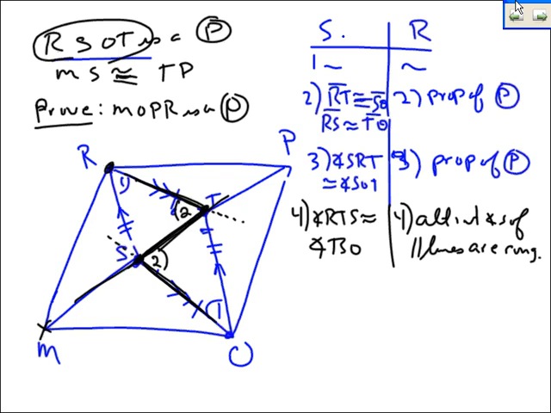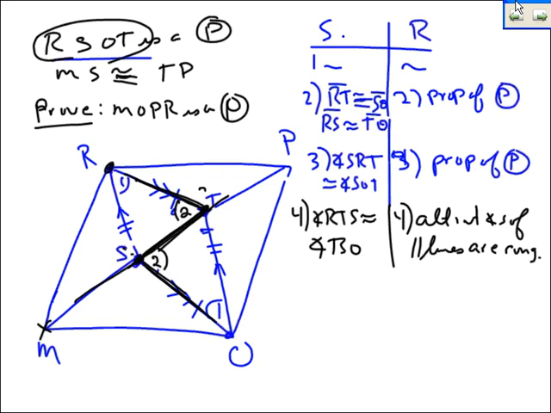So I really want to get those outer sides equal to one another. I can get those two inner triangles congruent.